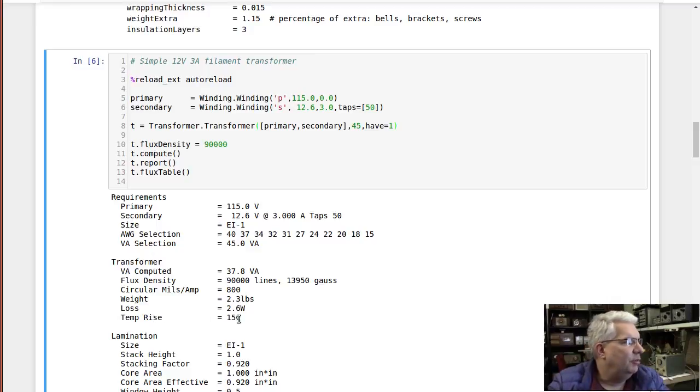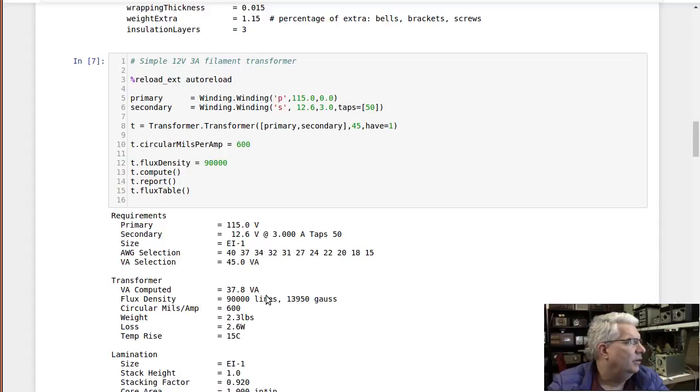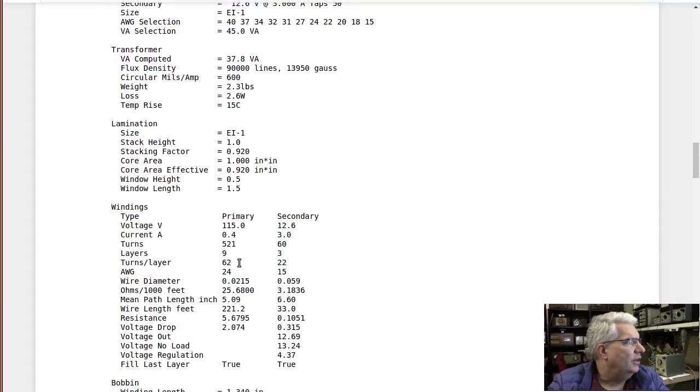You see right now the temperature rise is 15 degrees C. But let's say I want to change my circular mils down to 600 from 800. Let's see what the temperature rise is going to effectively be. It's still at 15. That's because it didn't change the gauges at all.